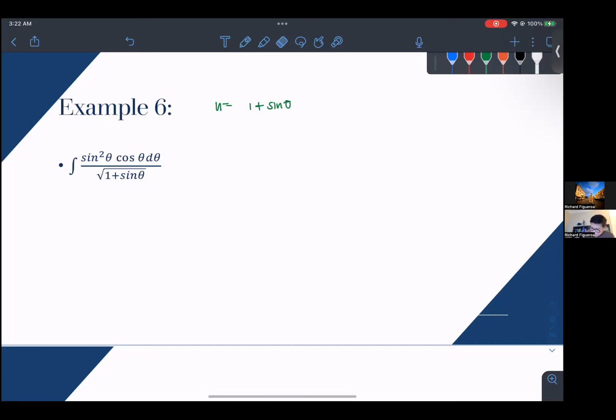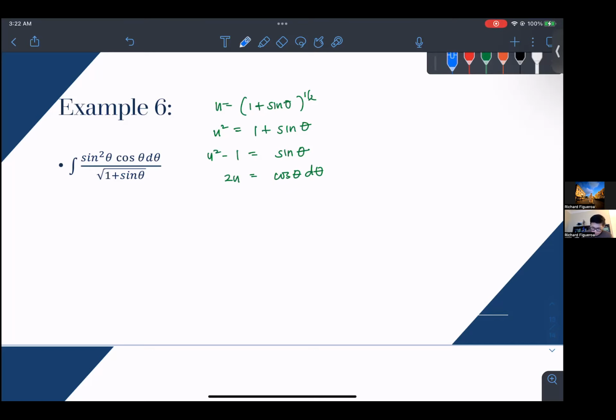Or we could write that as 1 plus sine theta raised to 1 half. So u squared will be 1 plus sine theta, and then u squared minus 1 is equivalent to sine theta. Once we differentiate this, that is 2u du, and the derivative of sine is cosine theta d theta. So we can now substitute.